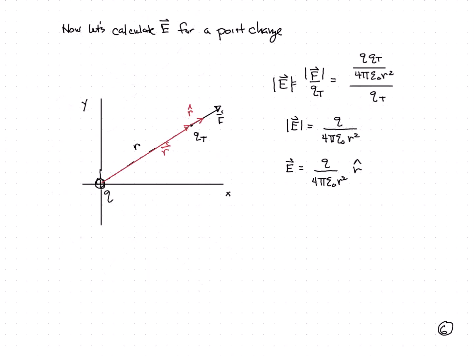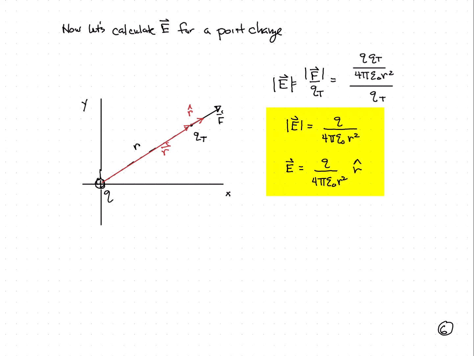Now, ultimately, you want to calculate. So imagine we had a plus charge at the origin, and we put a QT, and you can see the QT there, at some distance away. So the magnitude of the electric field would be the force over the QT. The force we know from Coulomb's law, Q QT over 4 pi epsilon naught r squared, divided by QT. So the electric field due to a positive charge is really just this Q over 4 pi epsilon naught r squared.